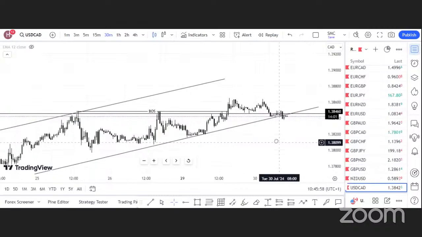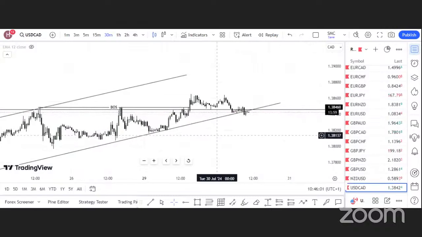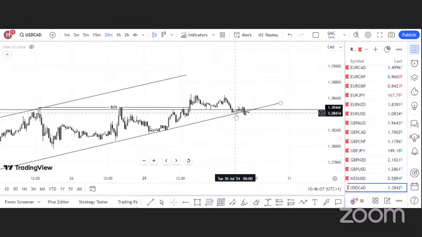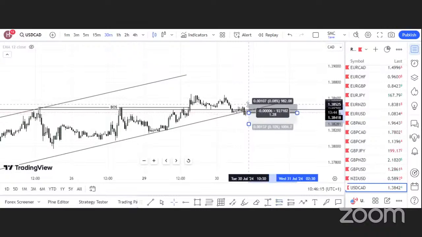But for retail traders, what the retail traders are going to say is that the market broke. Okay, the market broke below our trend line, and then their entry is going to be right here. The stop loss will be right here.